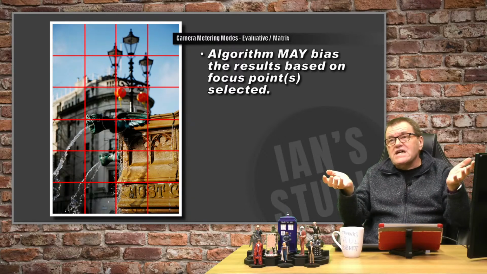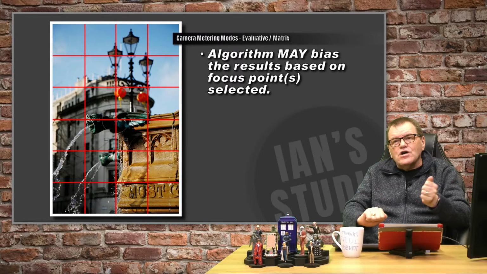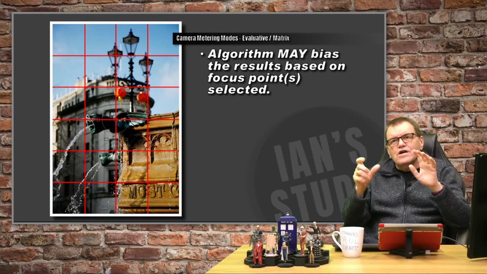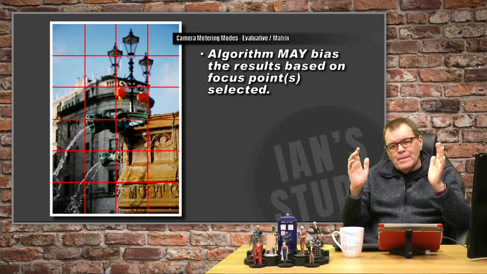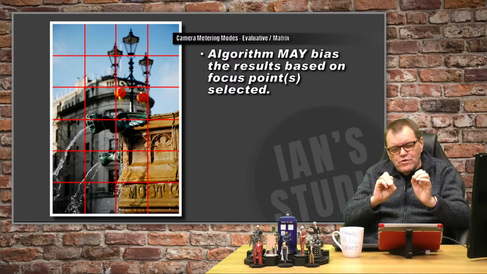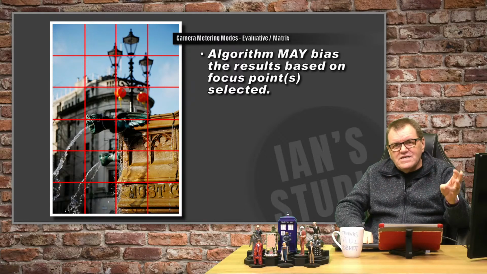For example, with my camera, I have it set up that a half press of the shutter release will lock my exposure because I have my focusing on buttons on the back of the camera on there. So it's important to understand what your camera is doing to get the best value out of this algorithm.